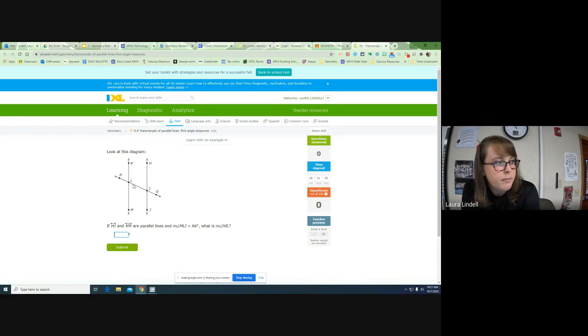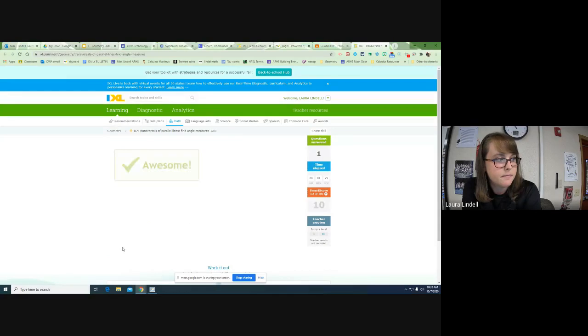And their relationship is alternate interior. And we know that alternate interior angles are equal to each other. So my answer here would be 66. You can also kind of tell because both of these angles are acute. And we know that they're either going to be the same or they're going to add to 180. Those are our two options. So there's our answer.